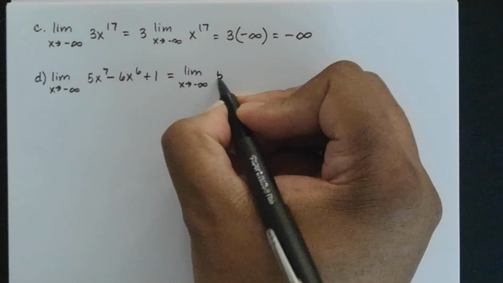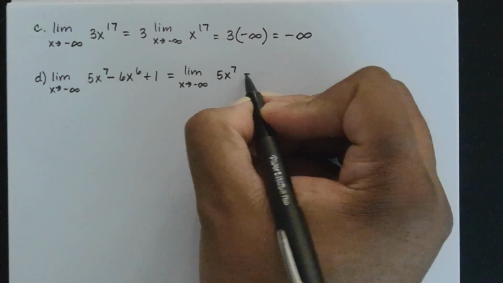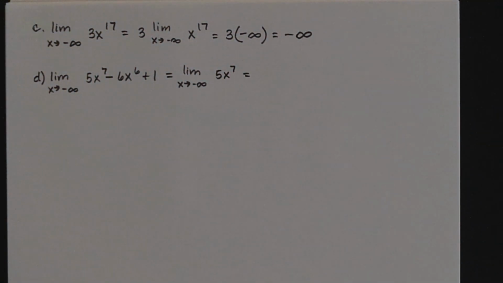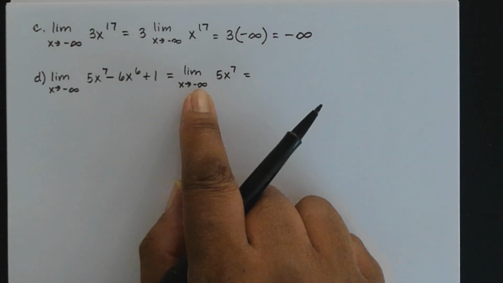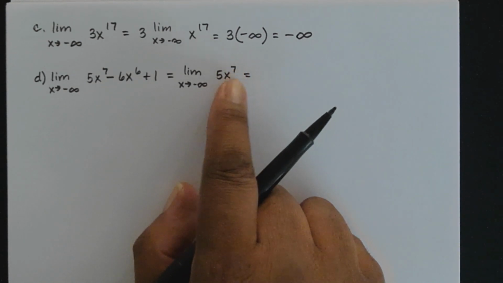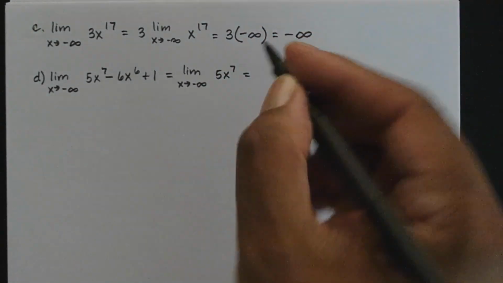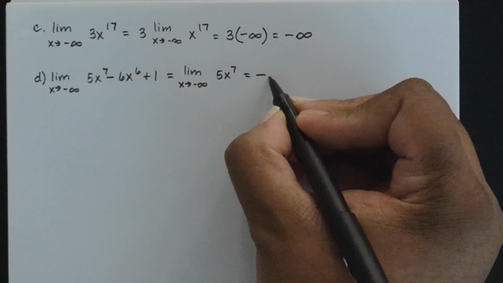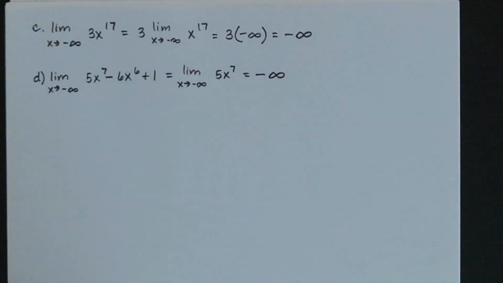That's going to tell us where this will be going, 5x to the 7th. Well, it's x approaching negative infinity, and we have an odd power, so that means this will have to go to negative infinity.